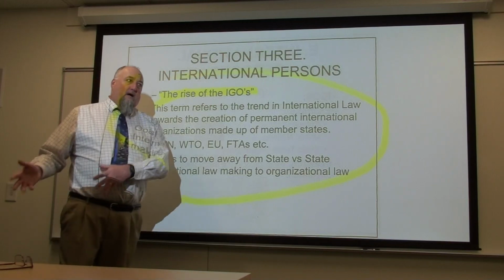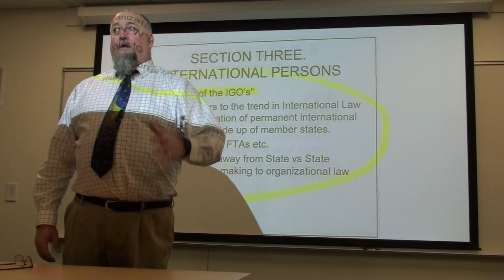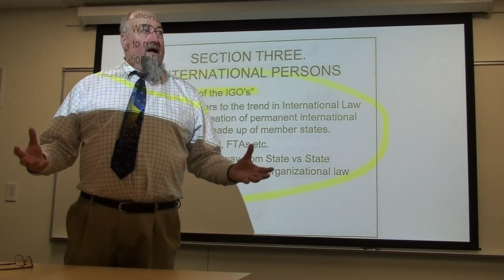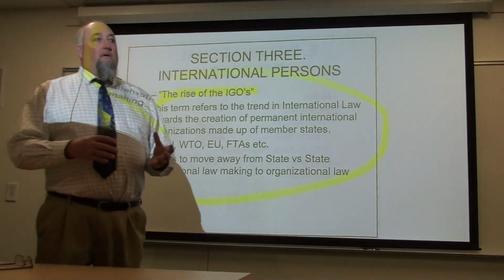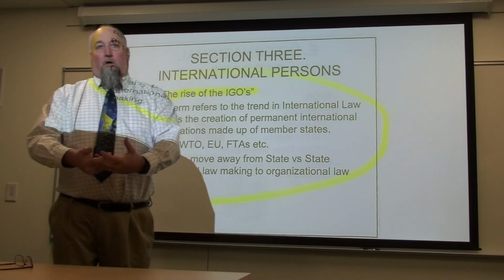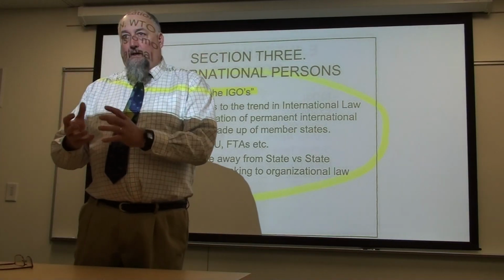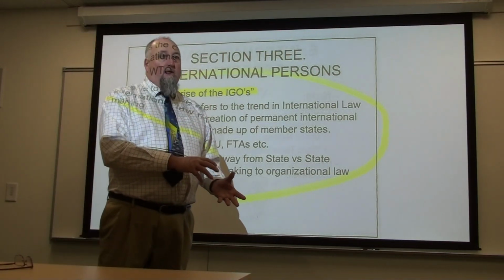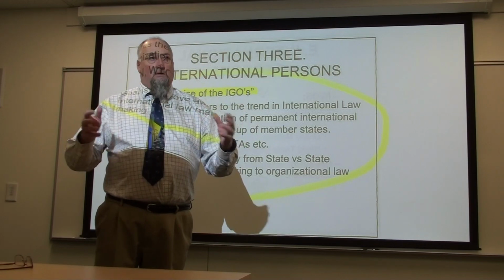So when I talk about the rise of the IGOs, I'm talking about this trend that we've seen really post-World War II, where we've had this explosion internationally of organizations that have been created partly to help alleviate the possibility of war, partly to help create an international forum, partly to act like a sort of legislature to coordinate trade so that we can have the same rules, harmonization on international business law.